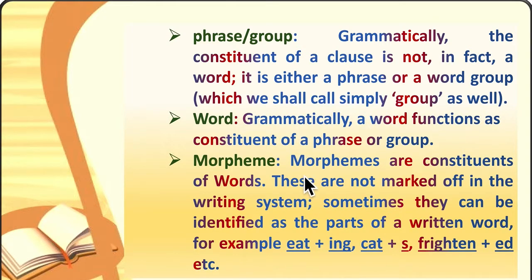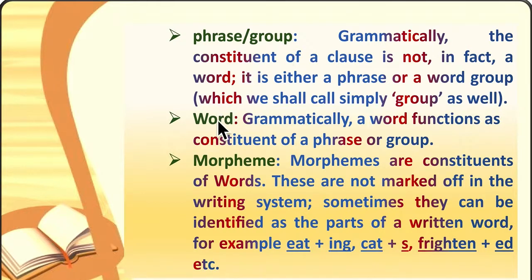So just to understand, I'm just reviewing this point, rank of a scale. The first is what we call clause complex. Within clause complex we have clauses, and the connection between one clause with another clause we have clause nexus. Within clause we have phrase or group.